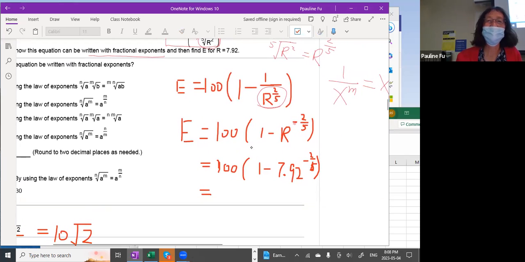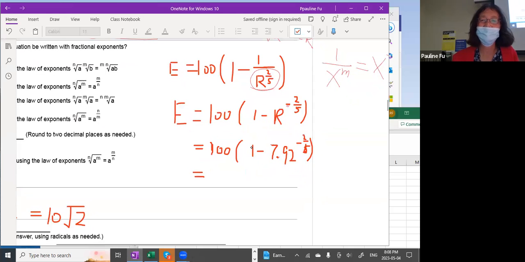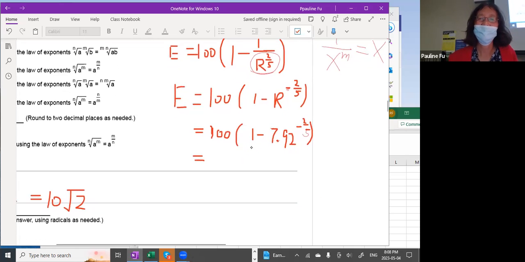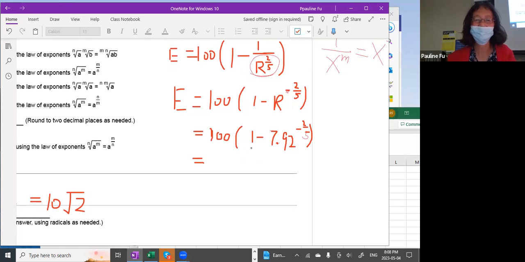And then it asks you to find E when R equal to 7.92. So replace R with 7.92, find E. I'll just use Excel.